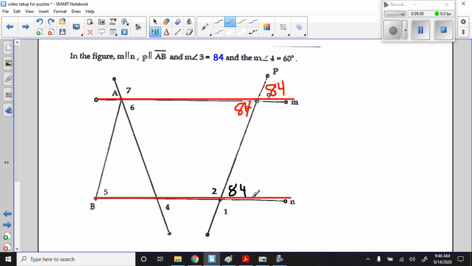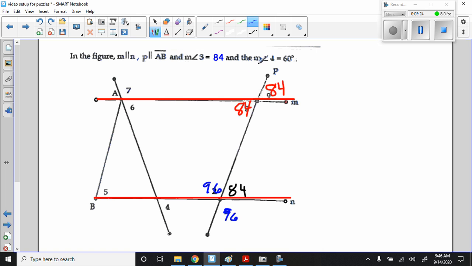So how do I get this angle 2? Just do a half circle there. Now, once I do a half circle with angle 2 or angle 1, I'll get angle 1 to be 96. Okay, so there's the math with that one.